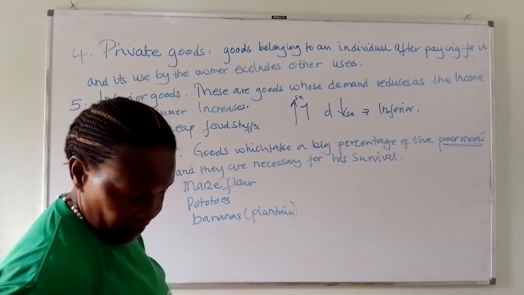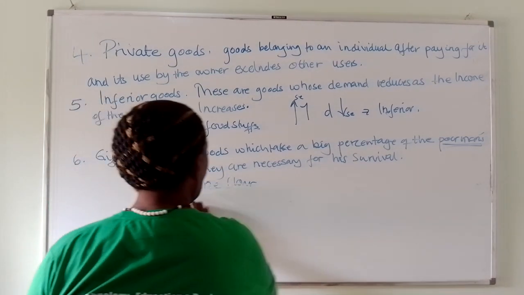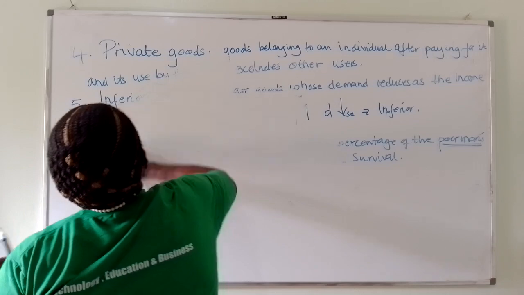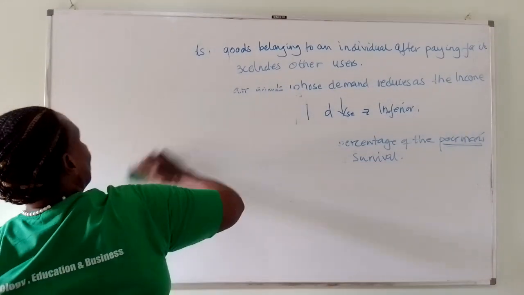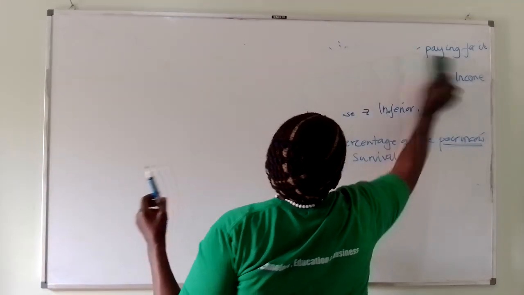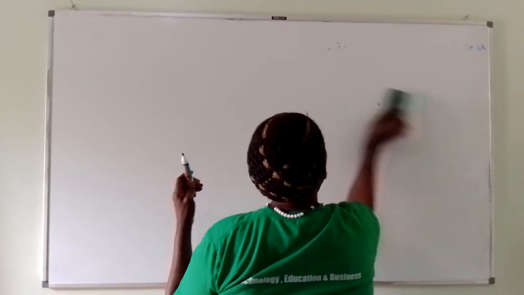Then we have another category of goods, the goods of ostentation, or luxuries.